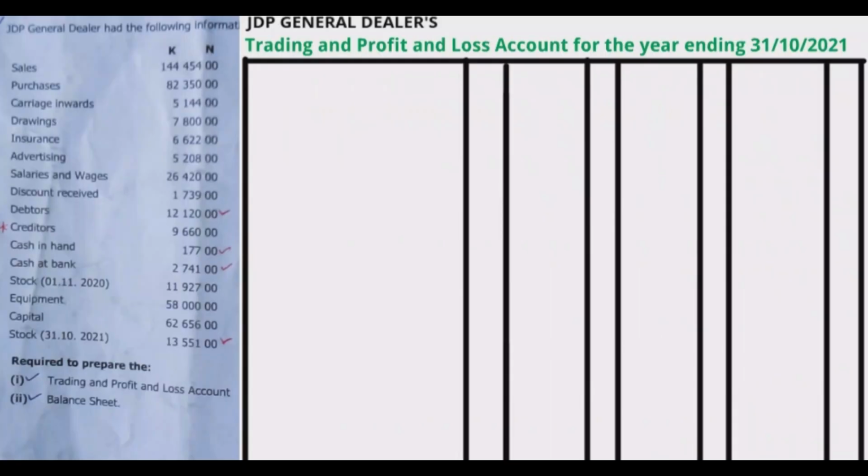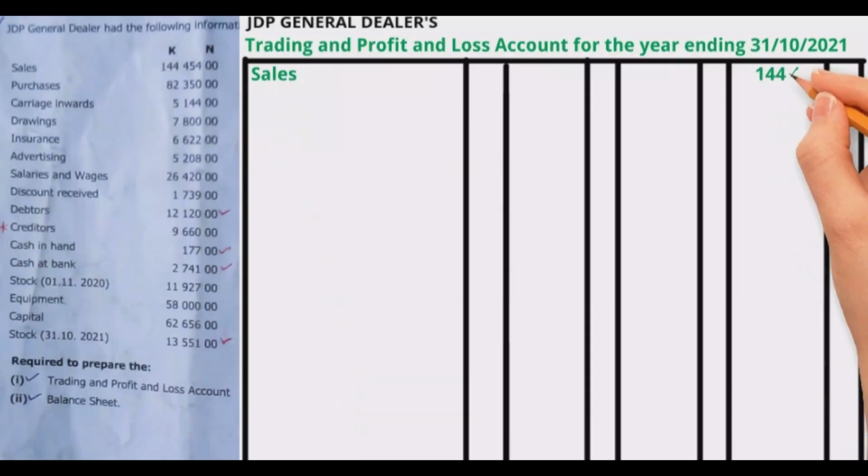So first of all, what will be our first entry on this one? The first is the sales. So we start with the sales, which is 144,454. We write it there. Then we come to opening stock.